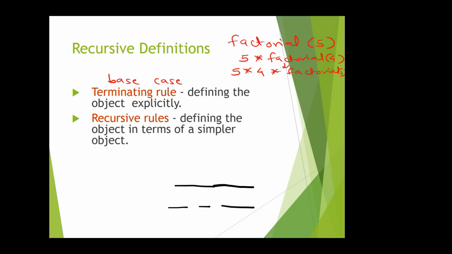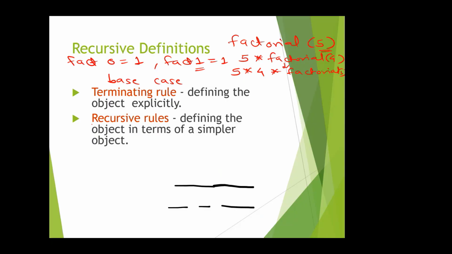When it reaches that base rule, you can have either, in some implementations I have seen factorial of 0 equal to 1 used as a base case, or you can as well use factorial of 1 equal to 1. Either way it will work. If you say factorial of 0 is equal to 1, it will run down to the value 0. Or if you set it to 1, it will run down to 1.